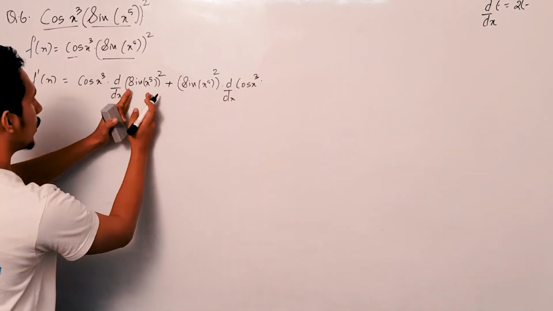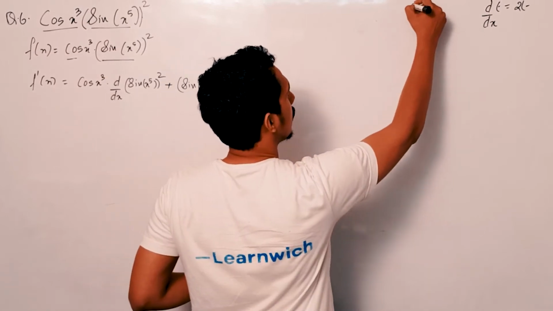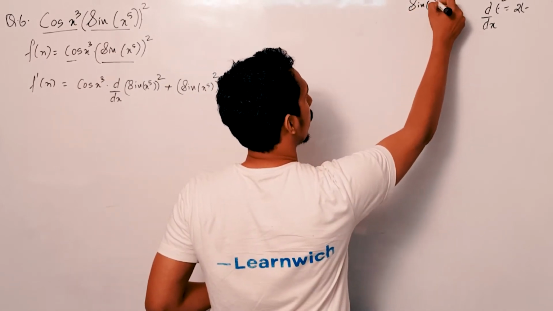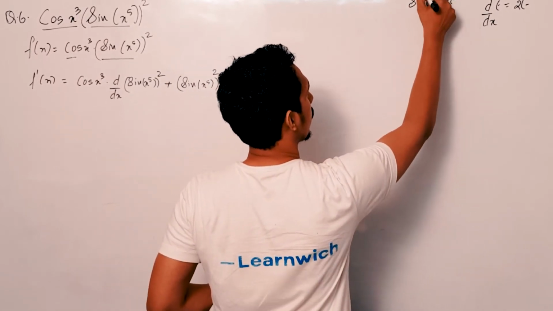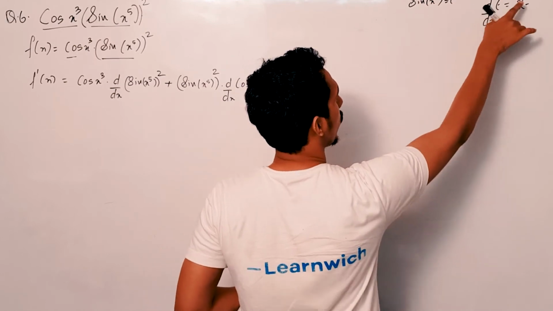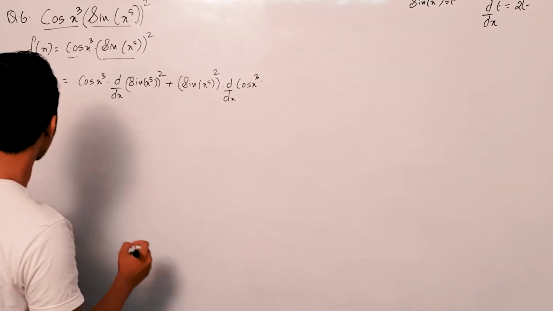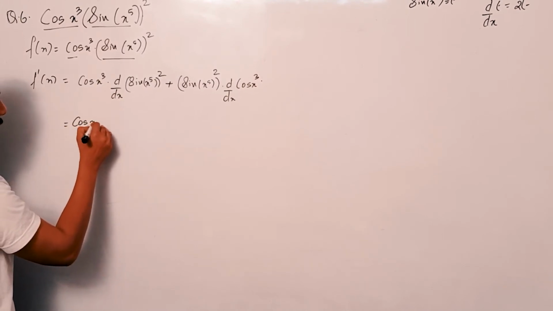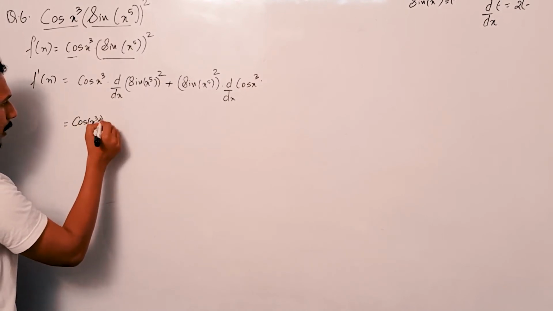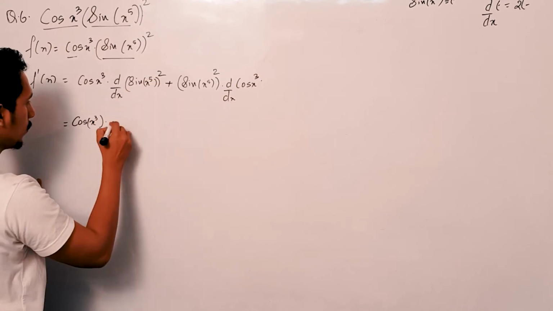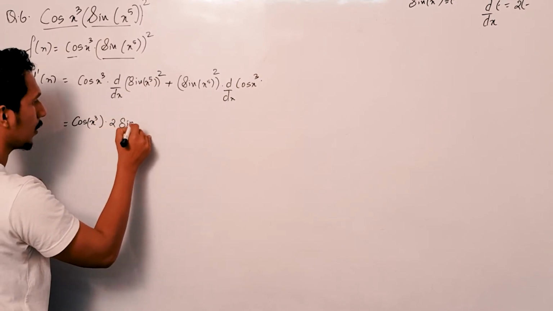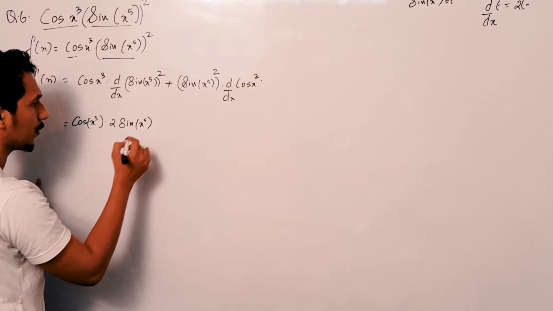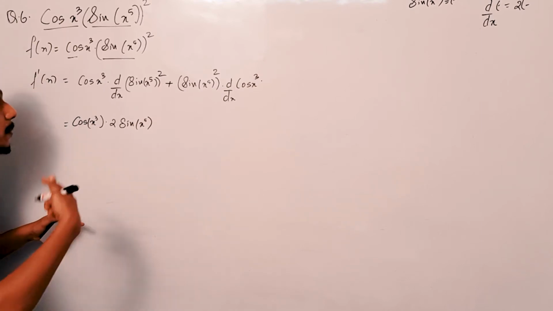If this whole thing sine x raised to 5 is taken as t, then t square will be 2t. So this will be cos x cube into 2 sine x raised to 5. That comes first. Okay, apply chain rule.